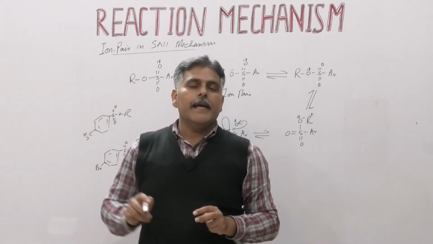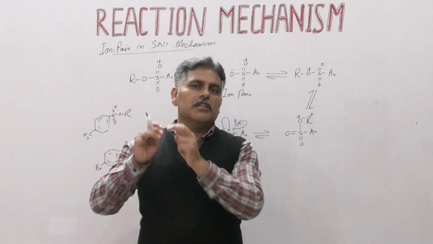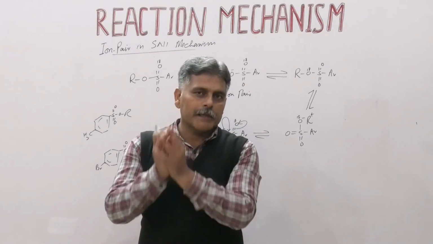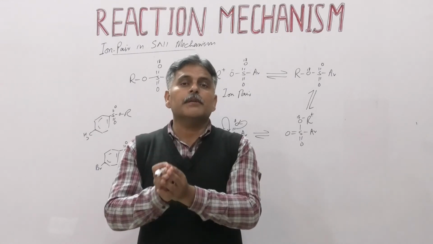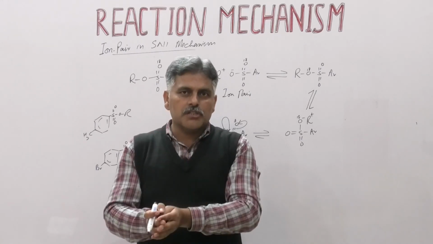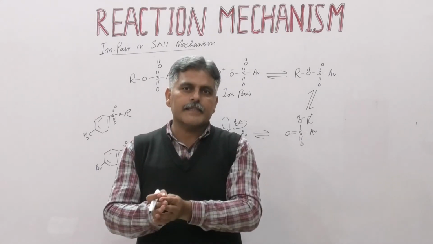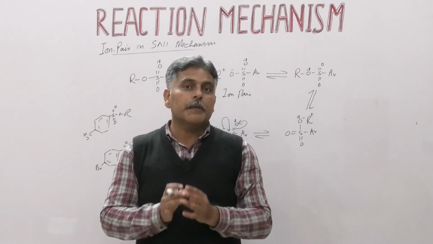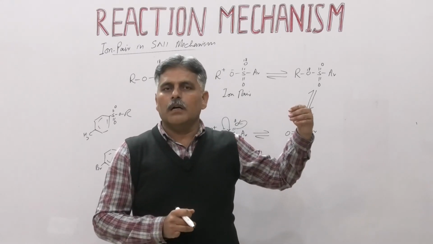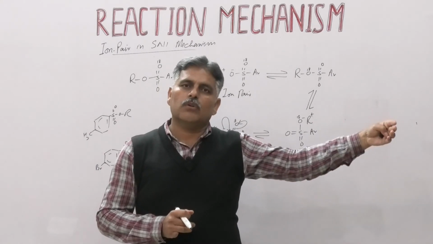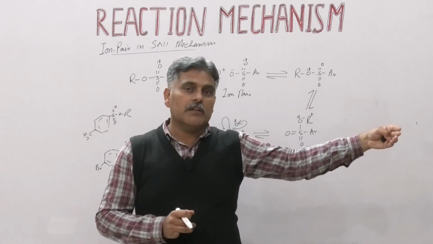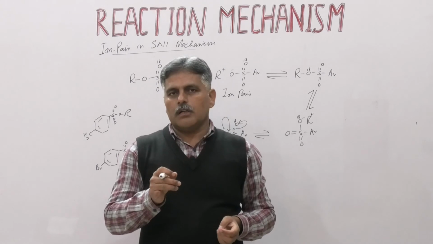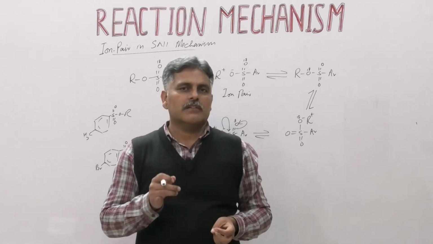At any stage where intimate ion pairs or solvent separated ion pairs are formed, when the incoming nucleophile or the solvent attacks at these stages, there is no complete racemization. There is some inversion of configuration along with retention of configuration. So this is all about the stereochemical evidence of SN1 mechanism.